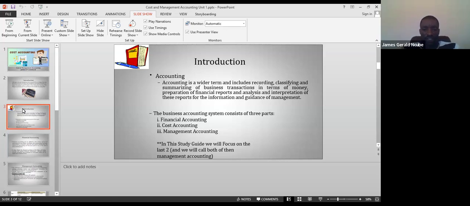Thirdly, we have management accounting. But for the purpose of this study, we are going to focus on the last two. That is cost accounting and management accounting. And broadly, we are just going to refer to both of them as management accounting.